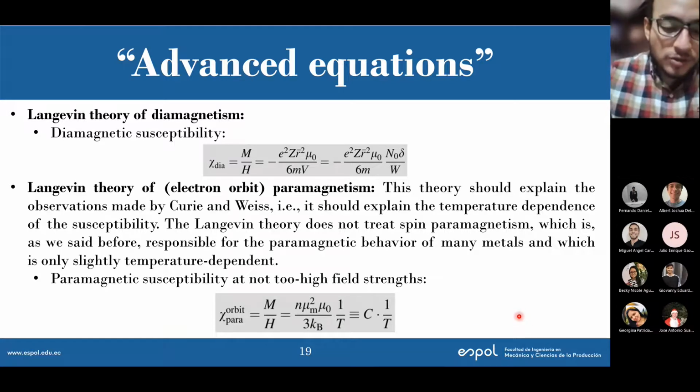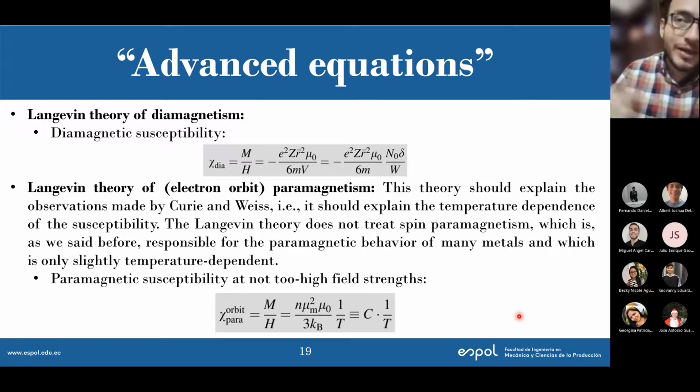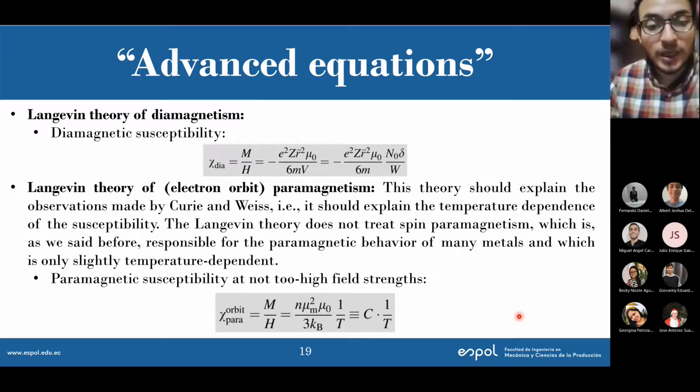Now, Langevin also adapted his theory and derived a theory for paramagnetism based on how electrons orbit. He related the movement of electrons orbiting around the nucleus to the behavior of paramagnetism, and it works quite well.